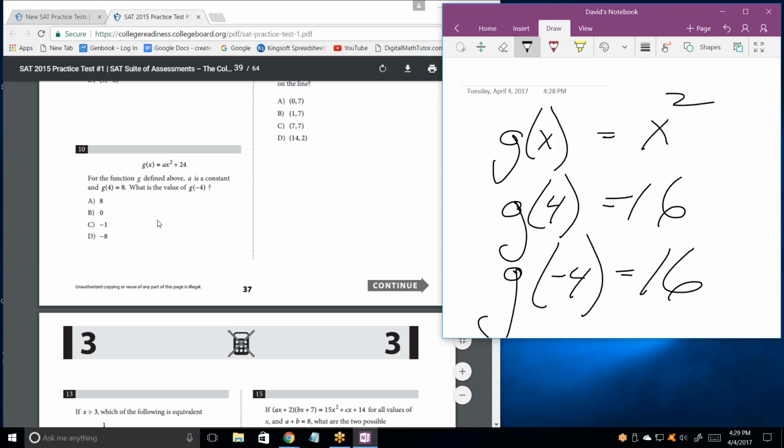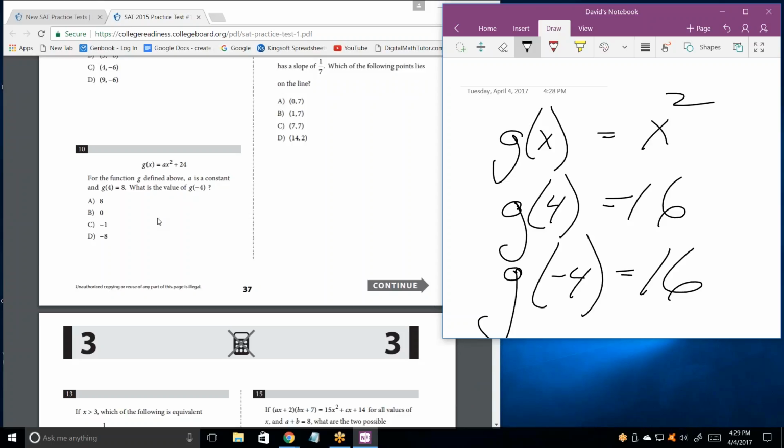And that really would have saved you maybe 20 seconds. And that is the secret of the SAT, is figure out how to recognize when there's a shortcut and how to do it.